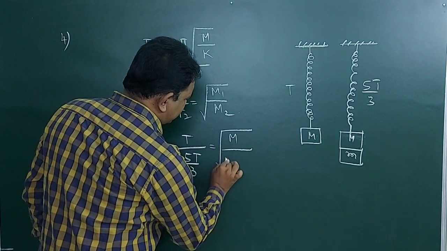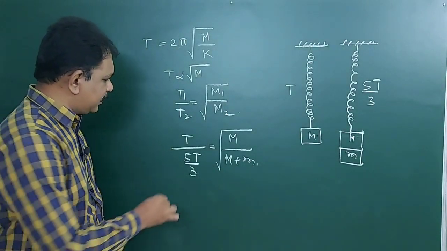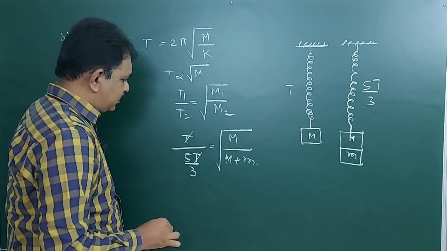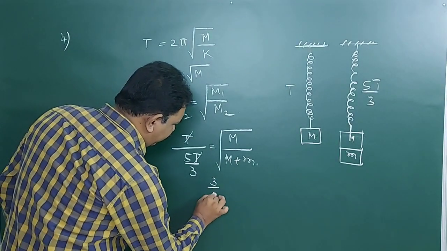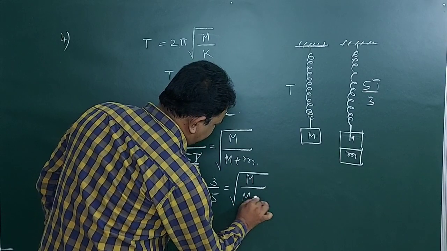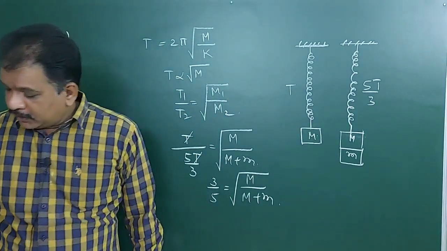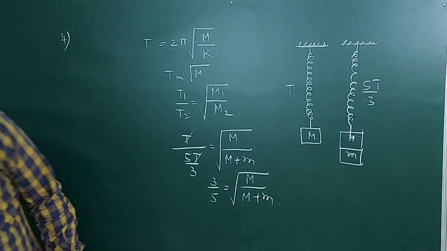First case mass is M. Second case mass is M plus m. T cancels. 3 by 5 is equal to square root of M by M plus m. Okay, solve this. You will get small m by capital M value.